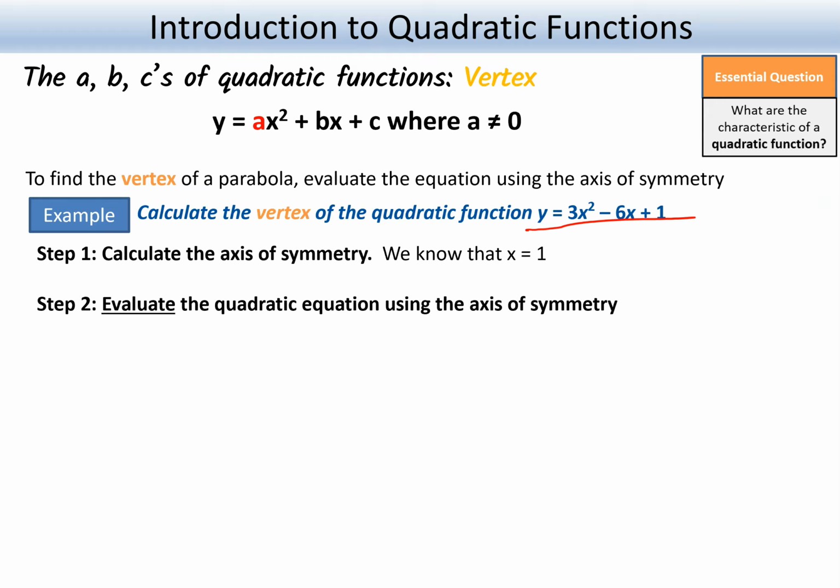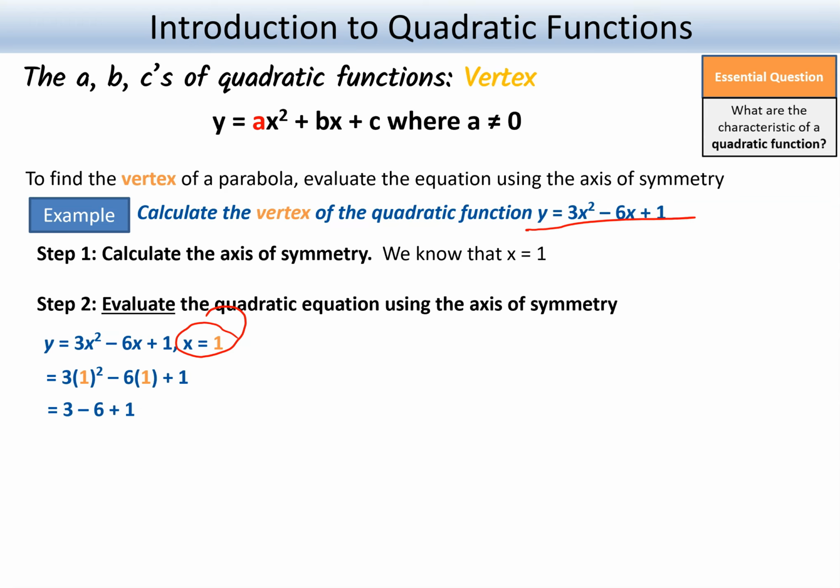Or more technically, we evaluate. So we have y equals 3 times x squared minus 6 times x plus 1, and we're going to say that x equals 1, our axis of symmetry. We're going to evaluate. So we get 3 times 1 squared minus 6 times 1 plus 1.